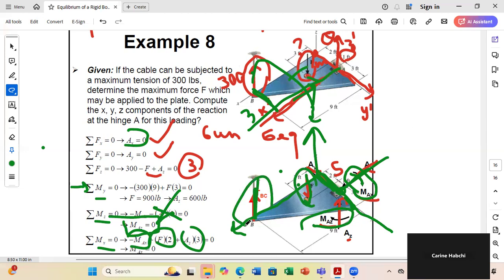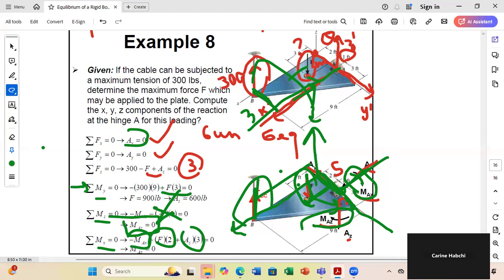If you use the right-hand rule, the moment of F is positive, the moment of TBC is negative. So I multiply F by the distance, plus F times 3 minus TBC times this whole distance, which is 9 feet. I get my third equation. And then I have 6 equations, 6 unknowns. I can solve for all of my unknowns.